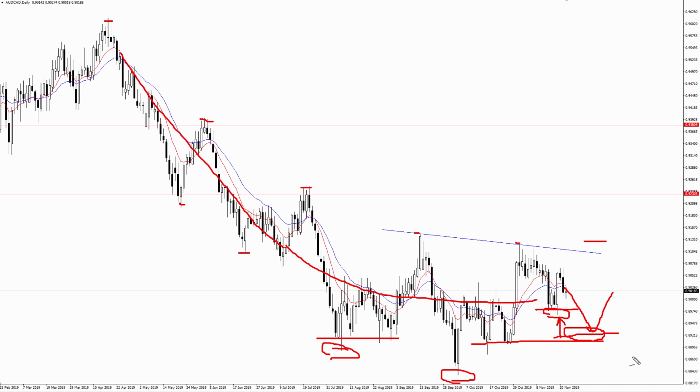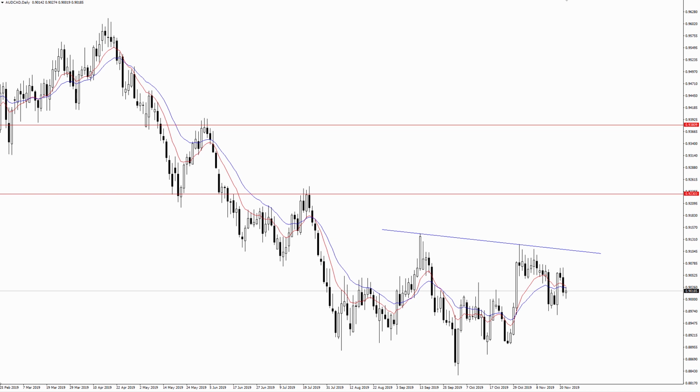So until that happens, the Australian dollar versus the Canadian dollar will likely remain under pressure. Furthermore, keep in mind that this, just like any market, could move either way. So this is not a guarantee that the pair is going to move higher. In fact, this downtrend is technically still intact because although we've started to see some higher lows through this area, we don't have yet a higher high.